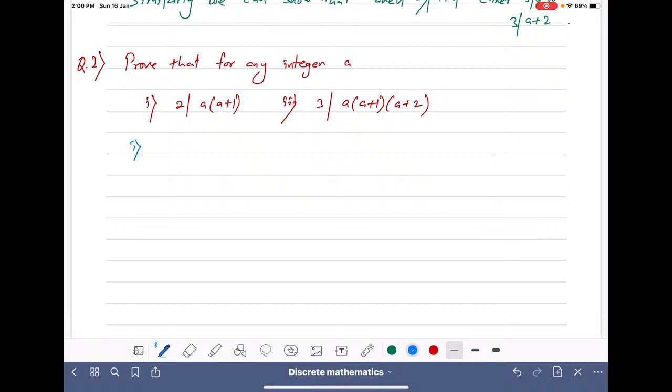Rewriting the statements: product of two consecutive integers is even and divisible by 2.